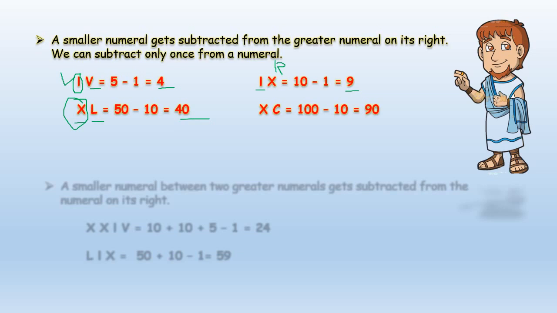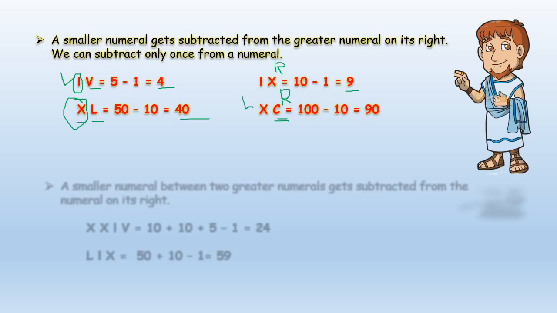In the same way, X and C. What is C? The value of C is 100 and C is coming again on the right hand side. Yes, children? Yes, right hand side. So C is coming on the right hand side of the smaller number, and the smaller number 10 is coming on the left hand side of the bigger number.